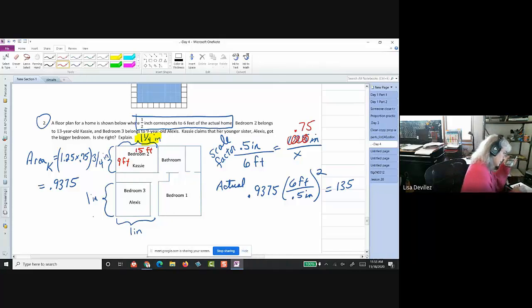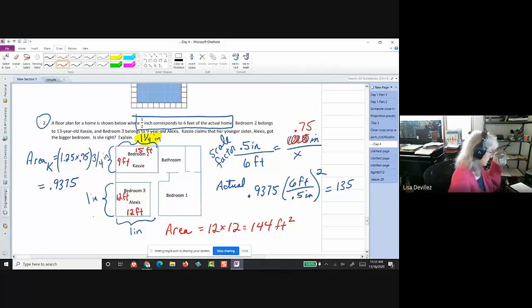Okay, and this one we can just think through. If a half inch is 6 feet, then 1 inch is going to be 12 feet. So this room is 12 feet by 12 feet, and my area there is 12 times 12, which is 144 square feet.